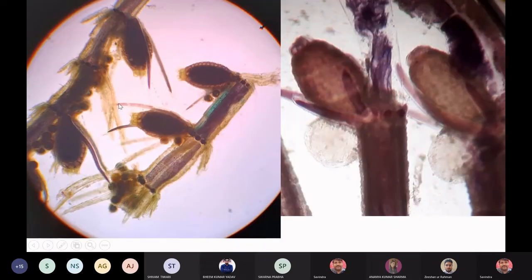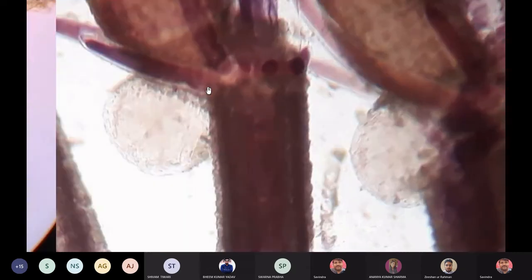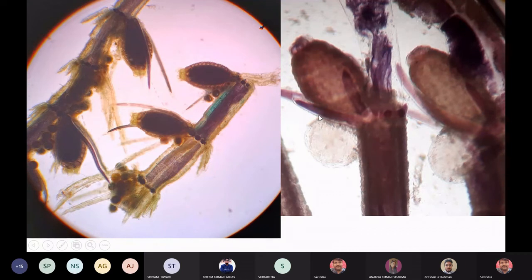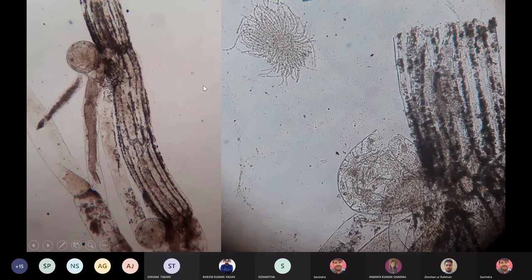Now I will show you the still photograph, when we stain it with the iodine. Here you can also see the male structure. It is clearly visible. Female and male both are clearly visible. Okay Siddharth, you said that male and female are equally visible. Let's see the next one now.